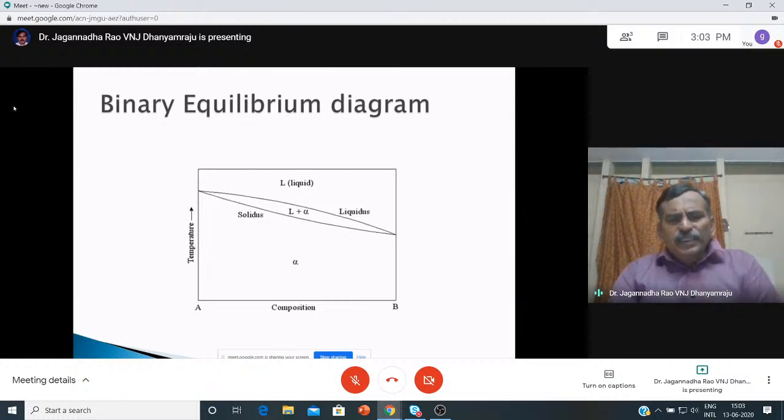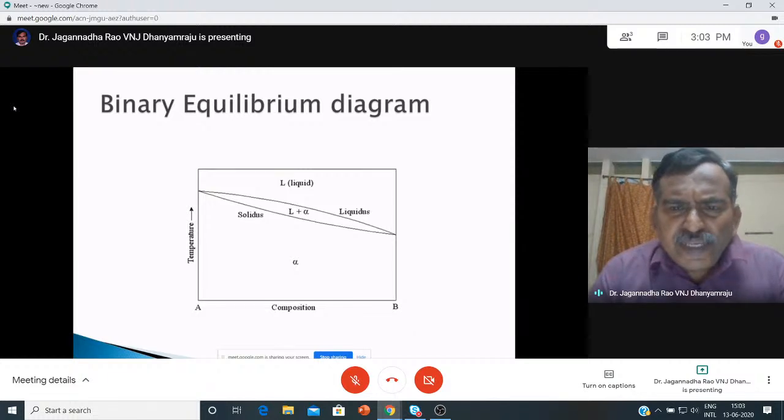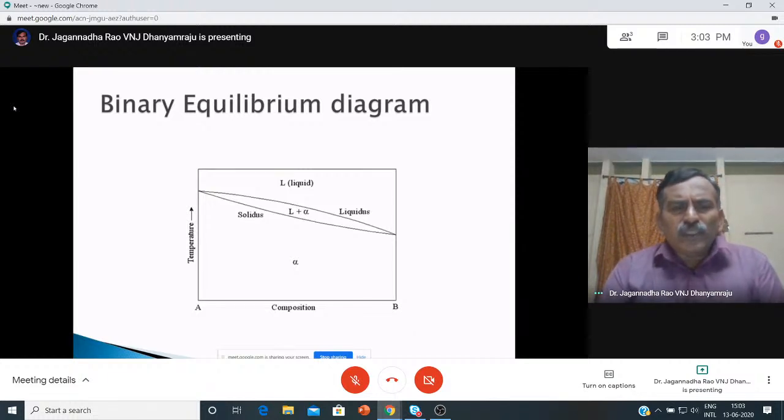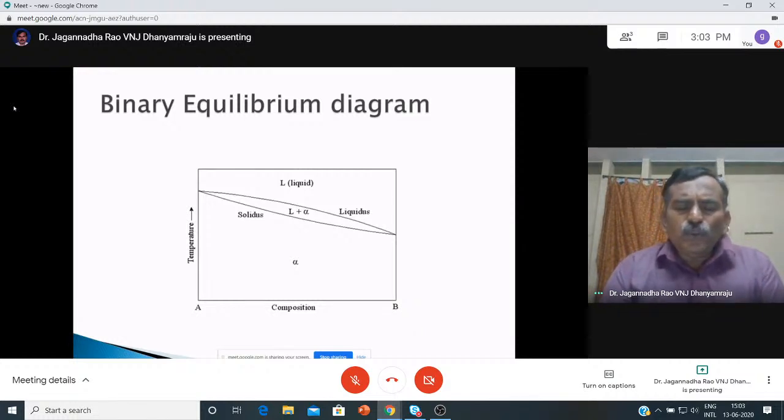And first of all, in these phase diagrams, let us see a binary equilibrium diagram. In this binary diagram, we assume that the two components, metals A and B, are completely soluble in the liquid state and completely soluble in the solid state. They offer complete solubility both in the liquid state and in the solid state.